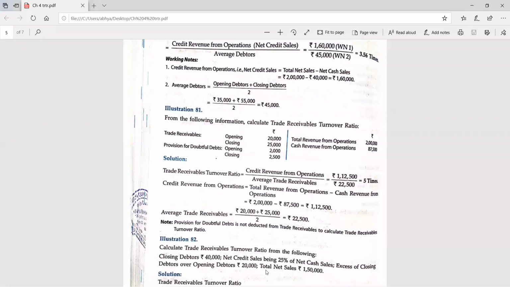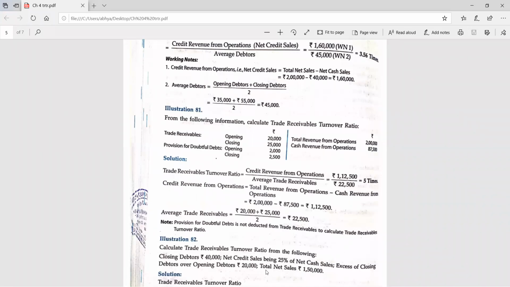First of all, find out the opening debtors. Closing debtors are given as 40,000 and it is mentioned that excess of closing debtors over opening debtors is 20,000. It means closing debtors are in excess of the opening debtors by rupees 20,000.